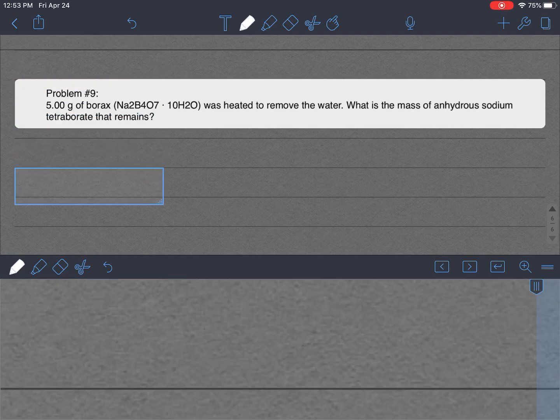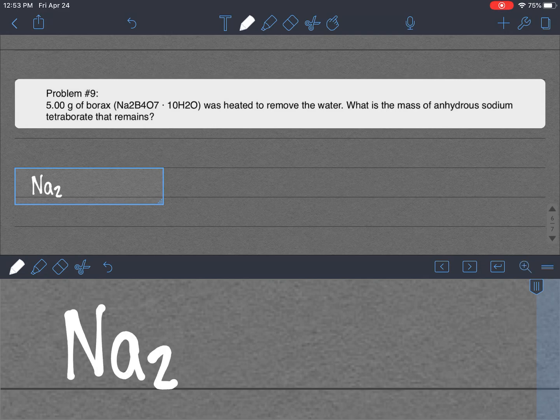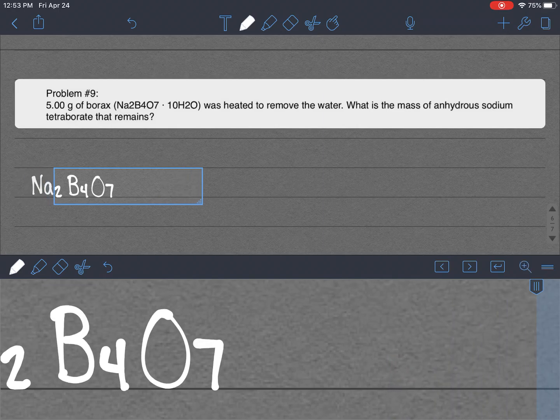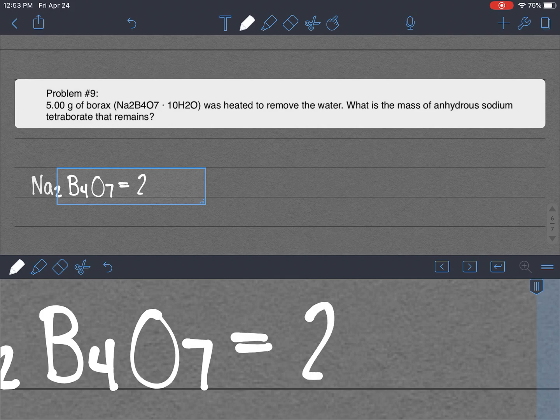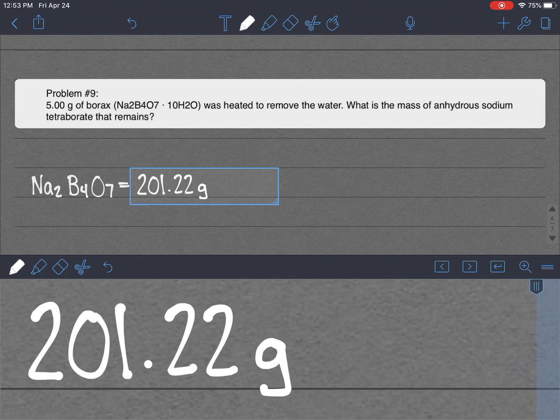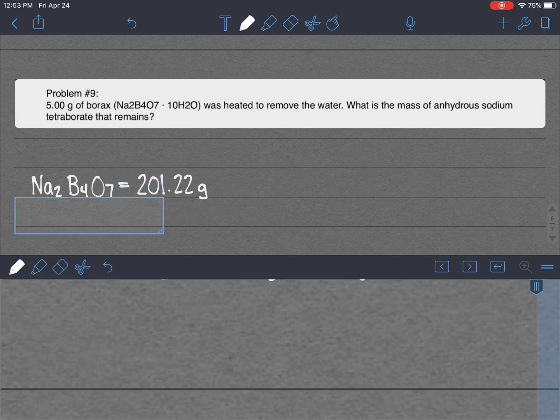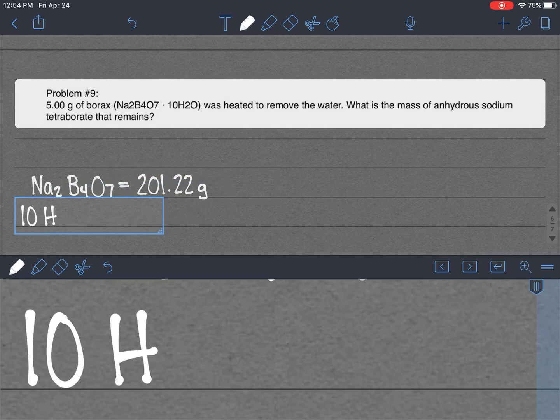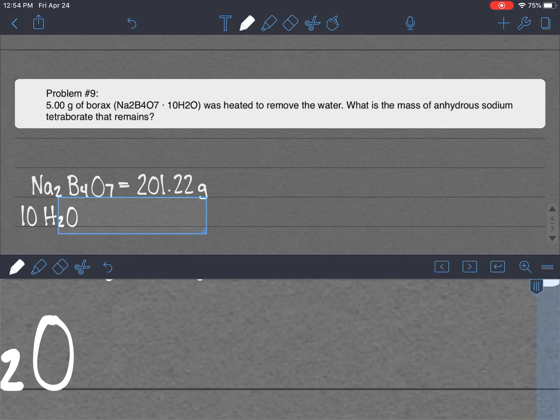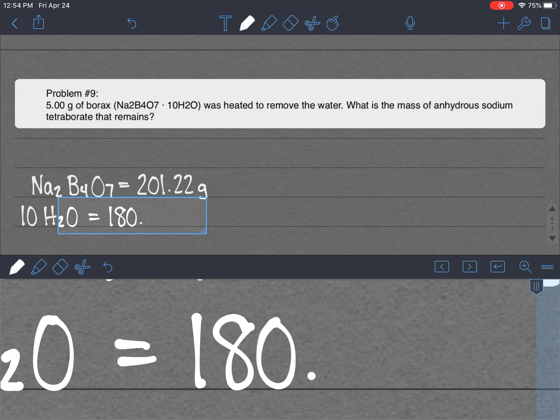So if I go ahead and calculate out what is the molar mass of Na2B4O7, I'm going to write this out, Na2B4O7. The molar mass of that should be equal to 201.22 grams. All right, now we have 10 waters, not just one, so we're going to take 10 times the molar mass of water, and that's going to give me a total mass of 180.20 grams.